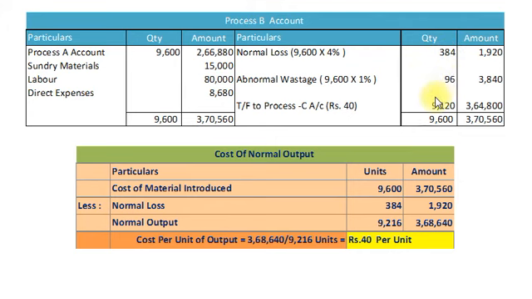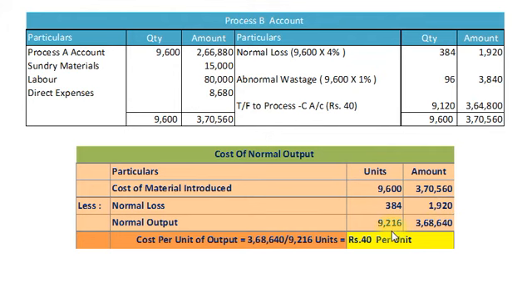And now we will calculate the cost of normal output. Here is the working. Cost of material introduced 9,600 units including total cost, that is 3,70,560, minus normal loss with its realized value, so 384 units and amount 1,920.